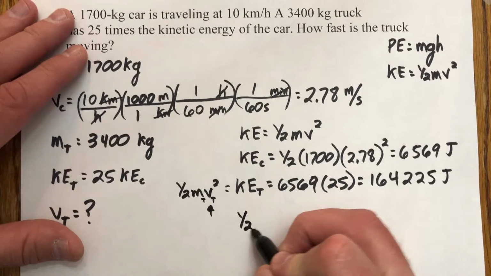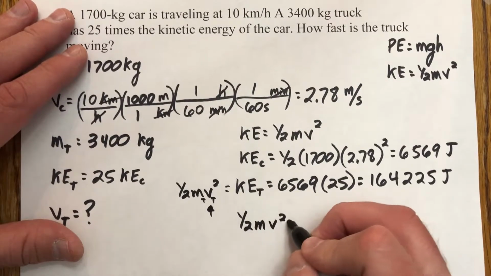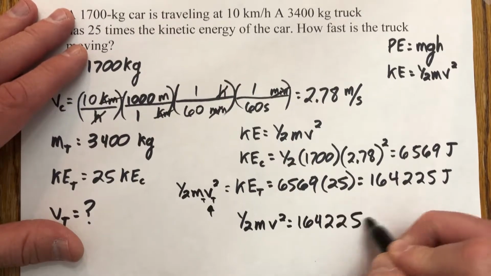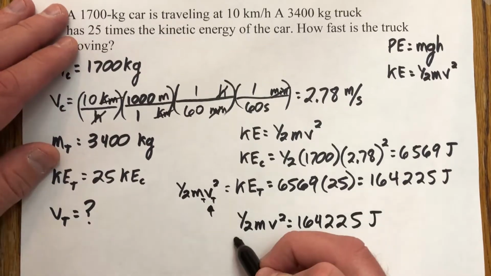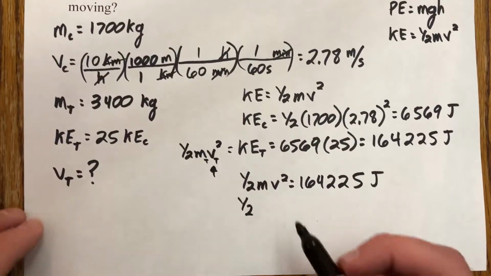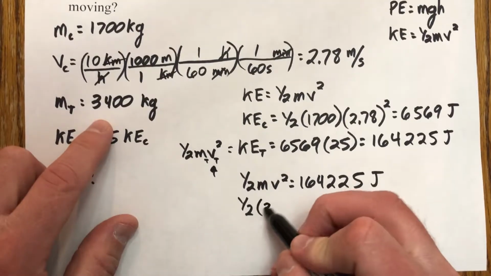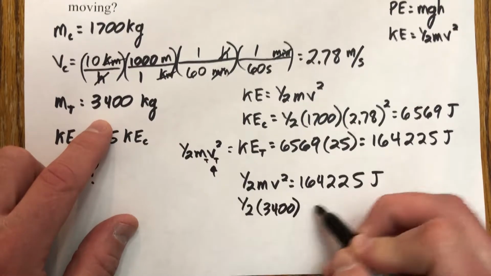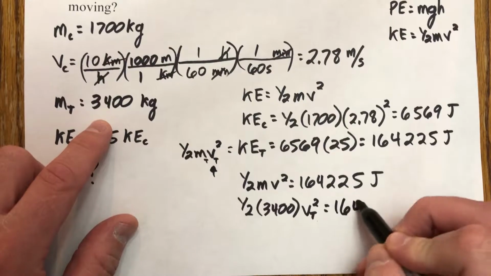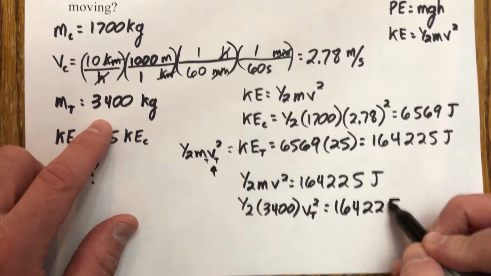So I have 1/2 mv squared equal to 164,225 joules. So plugging in my numbers for the truck, let me move my camera here. The mass of the truck is 3,400. Velocity of the truck, we don't know what that is, equals 164,225.